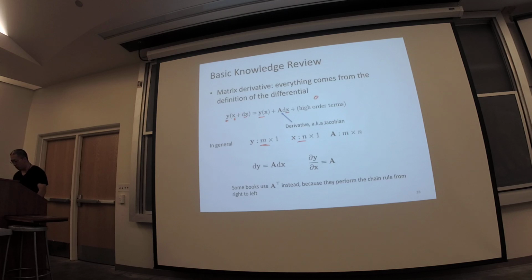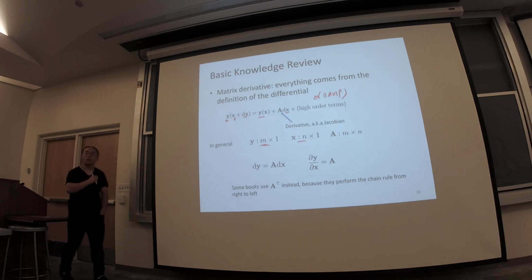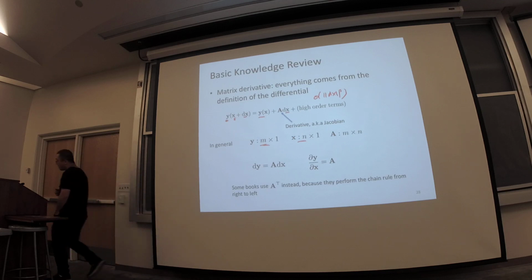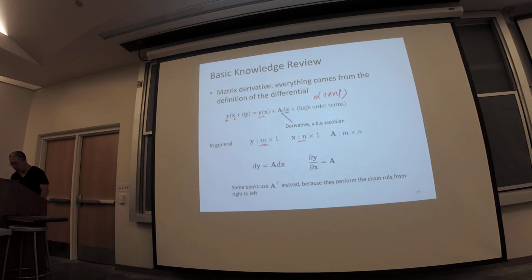Usually these higher order terms can be represented as o of the square norm of dx, right? And since y is n by 1 and x is n by 1, dx is n by 1. So the size of A here is an n by n matrix, to be consistent.